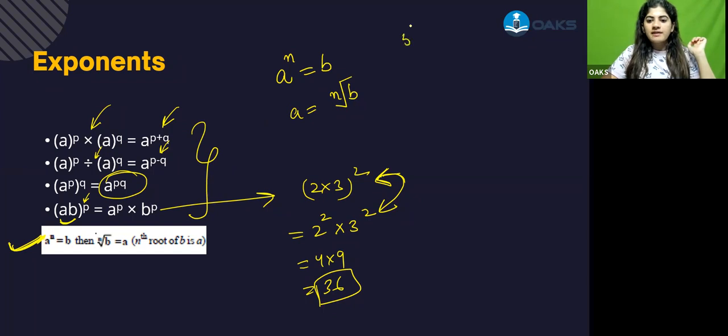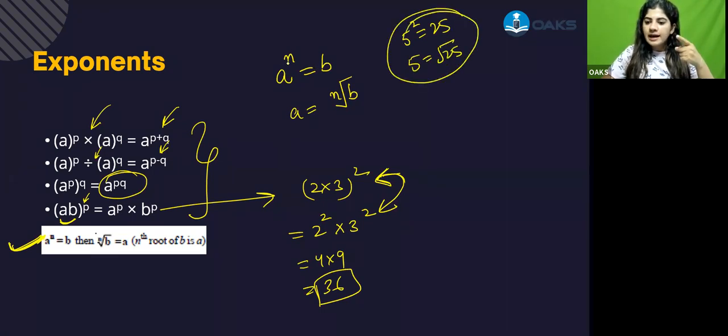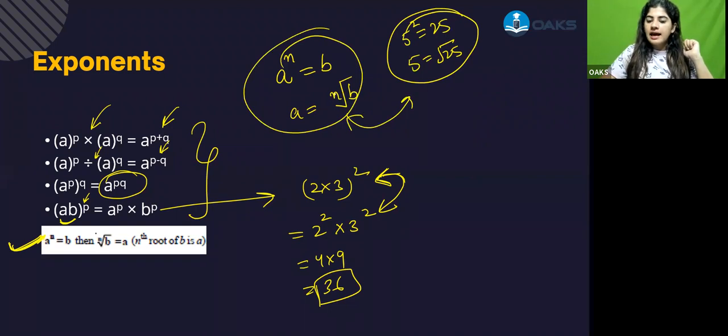We know that 5 square is equal to 25. So 5 will be equal to the square root of 25. It is similar to this. If a raised to power n is equal to b, then a is equal to the nth root of b. These are similar to each other. Here n is equal to 2 for this example. So is that clear?